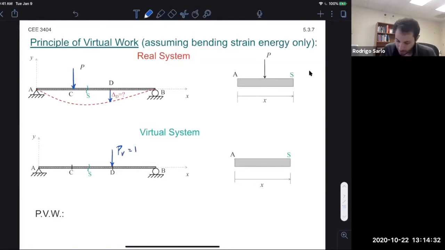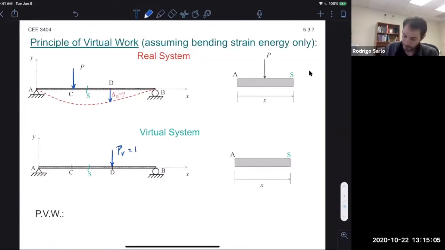And then we need to solve for, remember, virtual work again is real displacements or real deformations times virtual load. So we need to find what the internal virtual moments are in the virtual system, and then we need to find what the internal deformations are for the real system. But to do that, we need to essentially find the moments for both anyways.